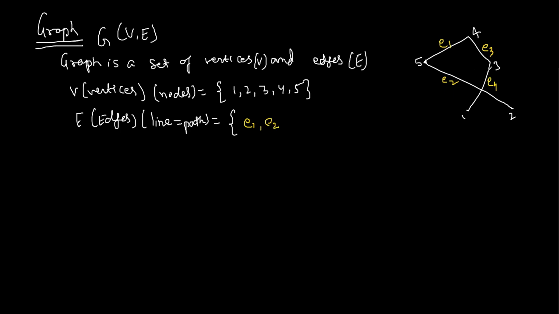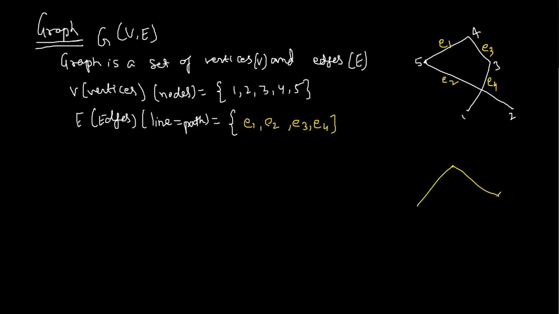Why 6? This is whole thing. This whole thing is one line. No, if it is connected, then you can put here one new point. This is not a point. E1, E2, E3, E4.